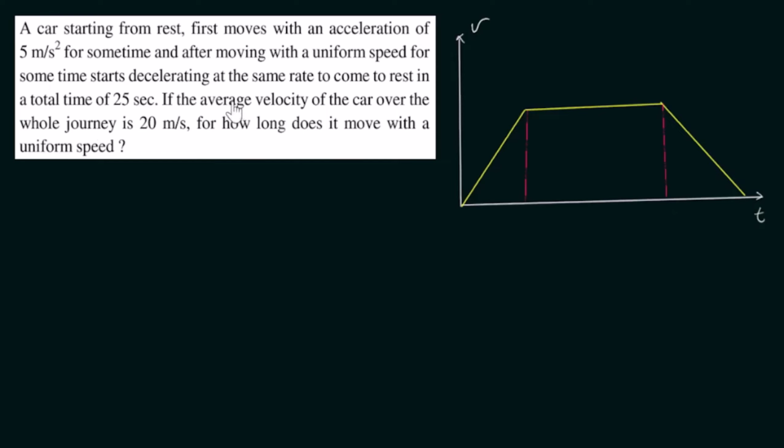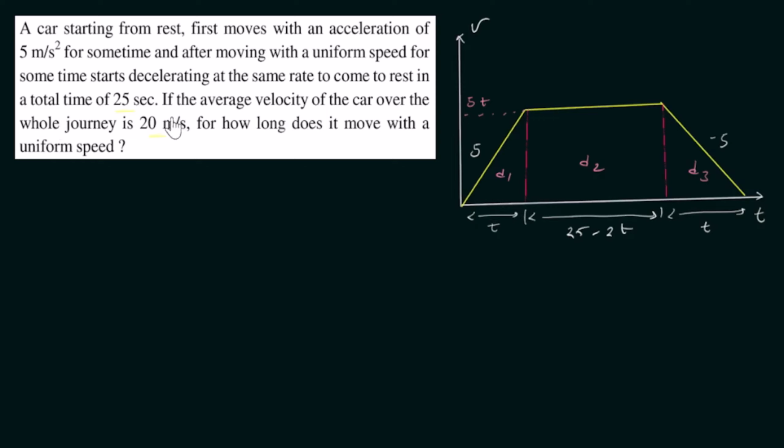Here they have said that the total time for this motion is 25 seconds. I'll take this particular time as t, and it is also decelerating with the same acceleration, so the time to come to rest also will be t. So here this time is t and this time is t, so this will be 25 minus 2t, because we have two time intervals t and t here.